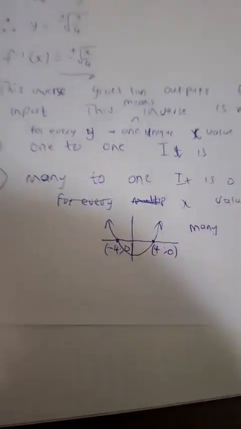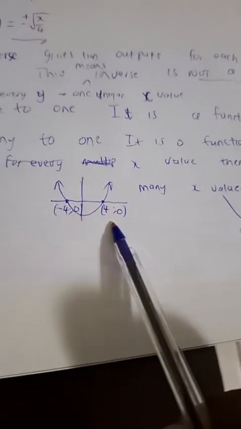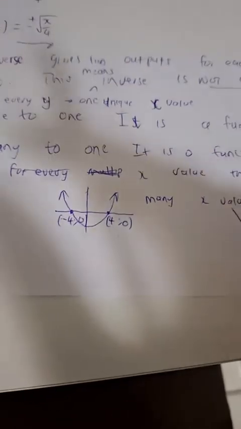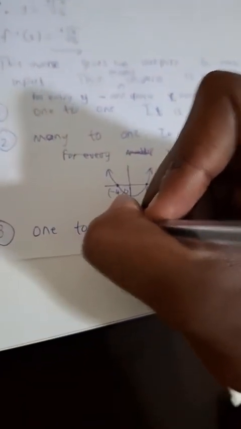So the thing is now, what's funny is that if we were to sketch the inverse of this function, we'll actually find that the inverse of the function is actually not a function because it exhibits this quality, and that is it is not a many to one, it is a one to many, which is a problem.